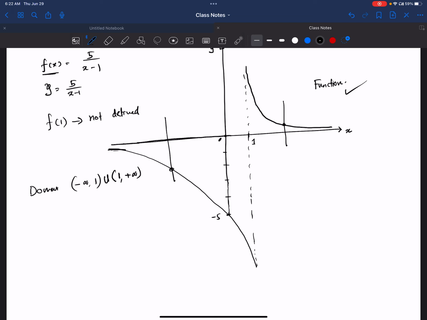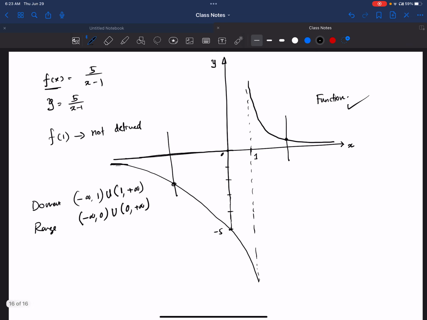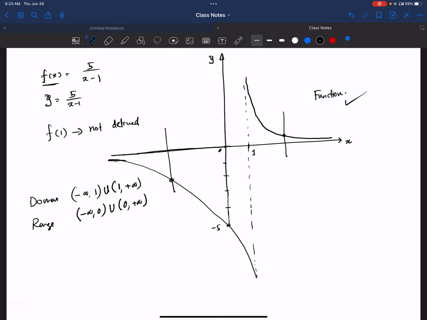The graph does not intersect y equals 0 at any location. So the range excludes 0. Okay, so the range is that. The curve does not intersect y equals 0 at any point, so y equals 0 is not included in the range.